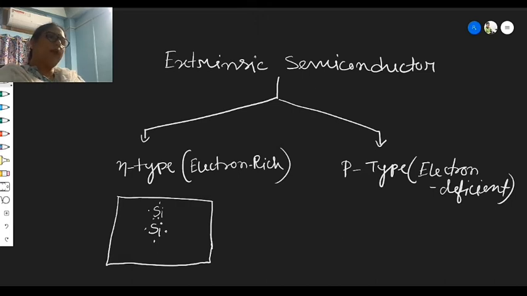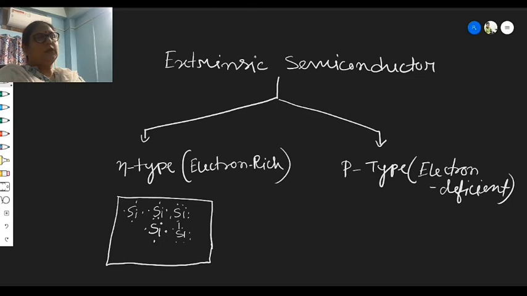Now in the crystal lattice we have another silicon, and it will bind with this silicon, and again we have another silicon which binds with another silicon. That means there are 4 covalent bonds, okay? And here also say we have silicon.